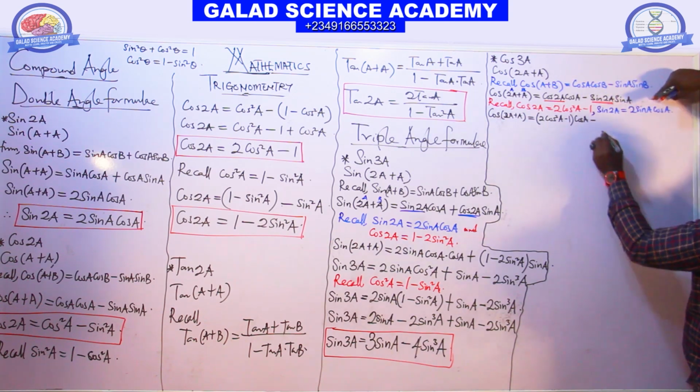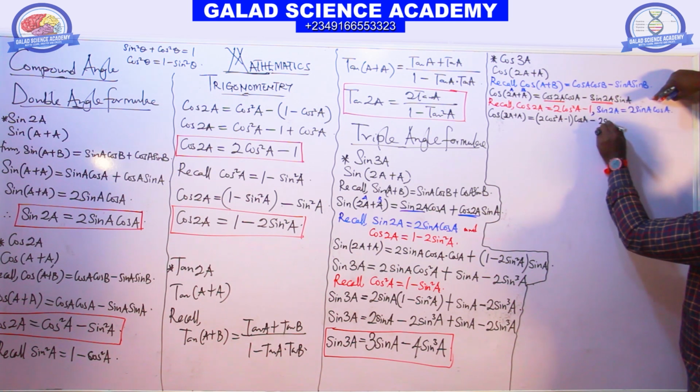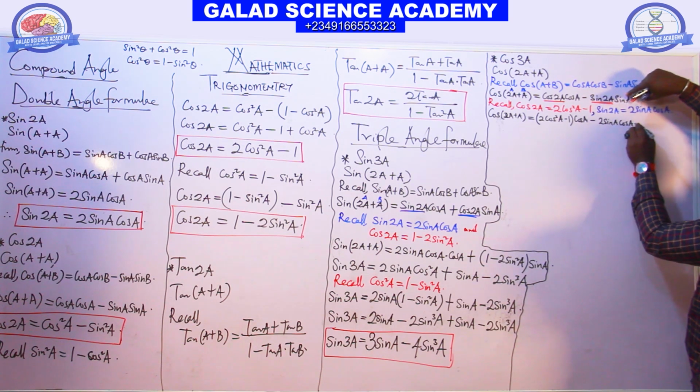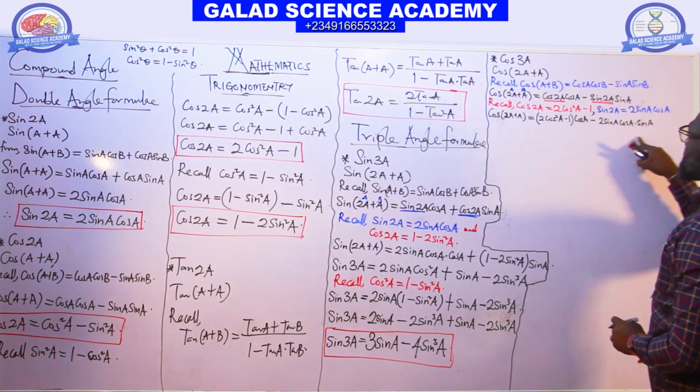Sine 2A is everything you have here, which is 2 sine A cos A, dot this sine A you have here. This dot means multiplication.